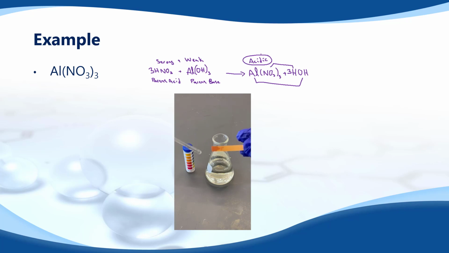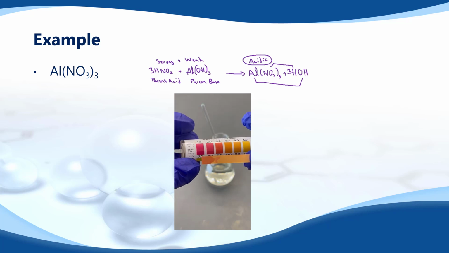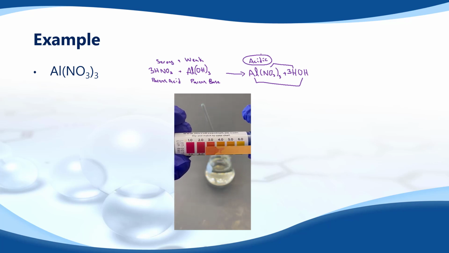I'm going to match it up as closely as I can with the numbers on the container, and what I wind up with is a pH of about 4. A pH of 4 is less than a pH of 7, which means that our aluminum nitrate salt is slightly acidic, just as our prediction told us it would be.